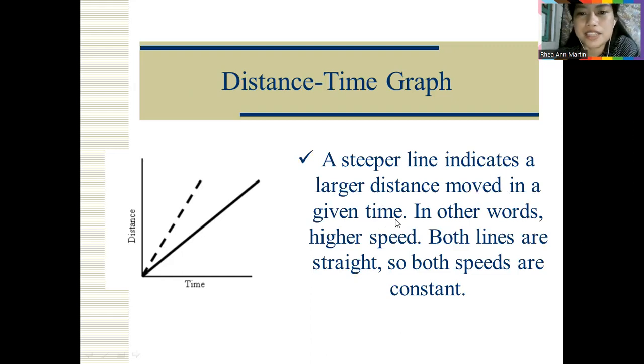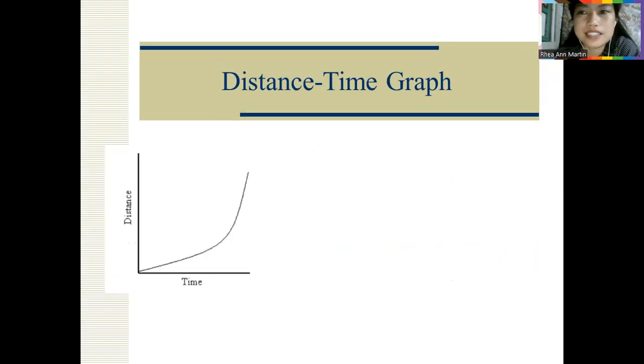That is what I'm saying. In other words, higher speed. Both lines are straight, so both speeds are constant. That is my explanation. I hope you understood. Please take note of that.